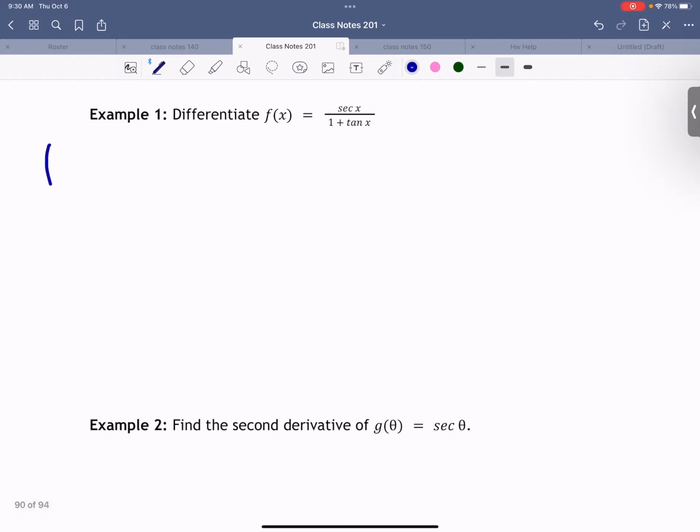The quotient rule says f over g prime is what? Good. Minus. Perfect. g f prime minus f g prime over g squared. The top is always f, the bottom is always g.